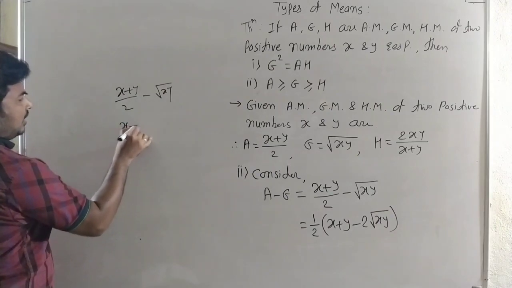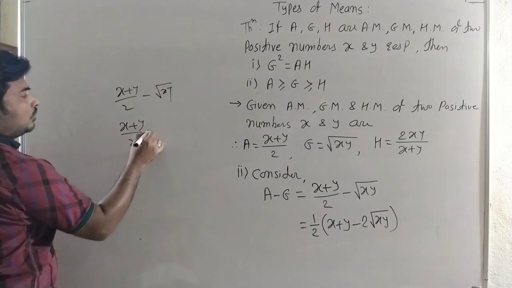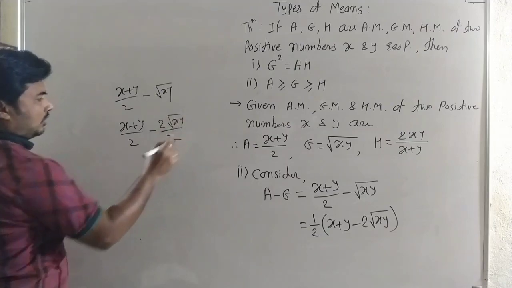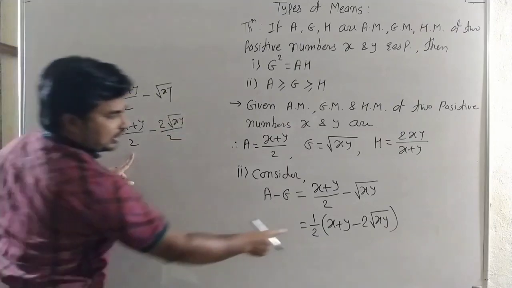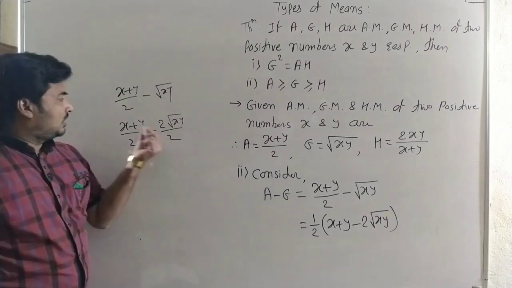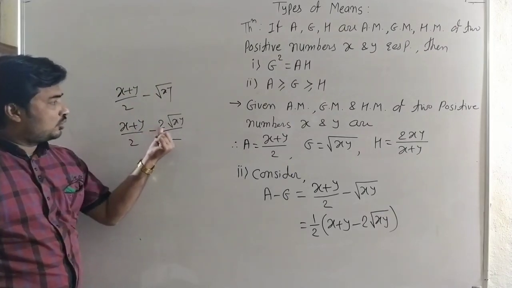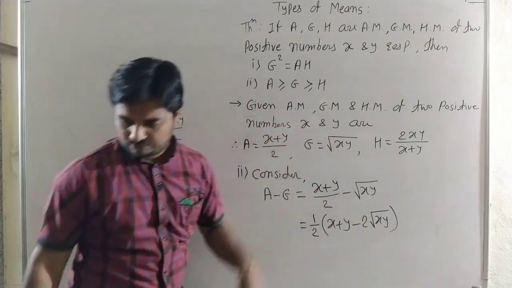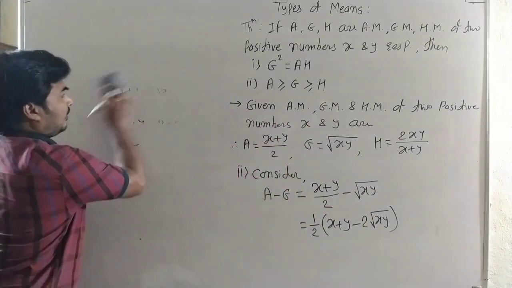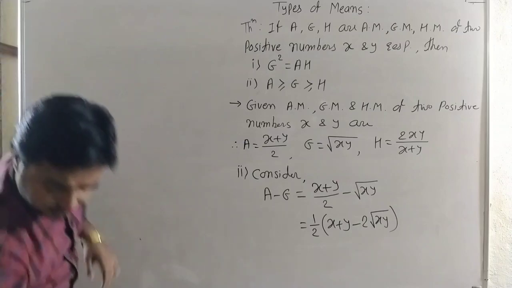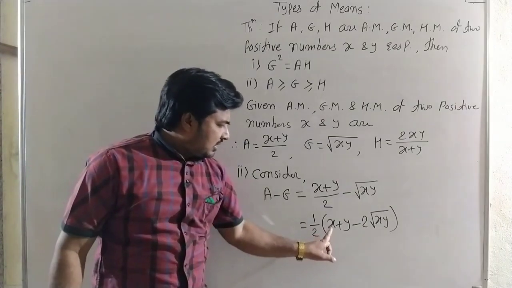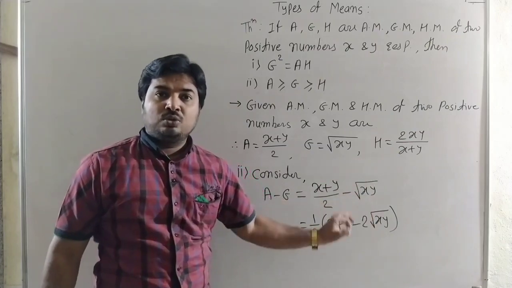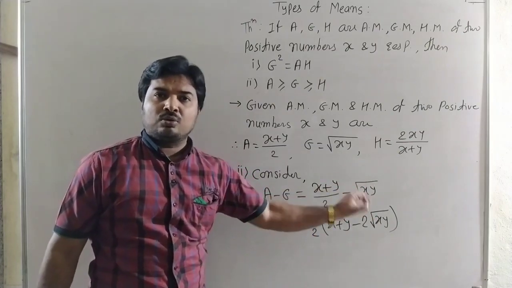Therefore x plus y upon 2 minus 2 under root xy upon 2, and then this 1 by 2 we take common, remaining x plus y minus 2 into under root xy. Now here we observe that it is x, it is y, and it is 2 into under root xy, 2 into under root x into under root y.